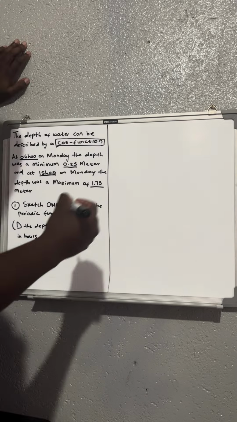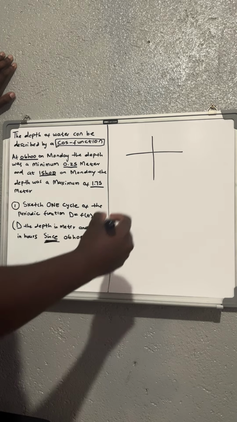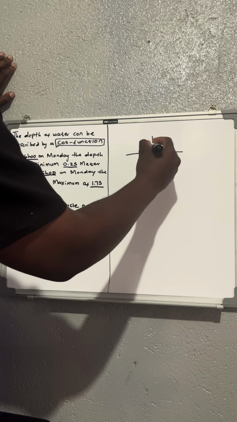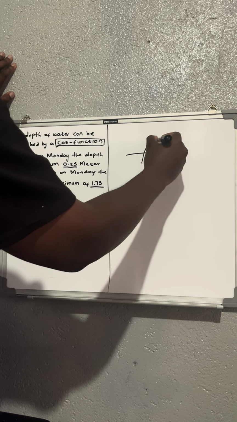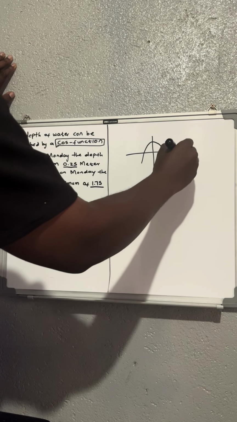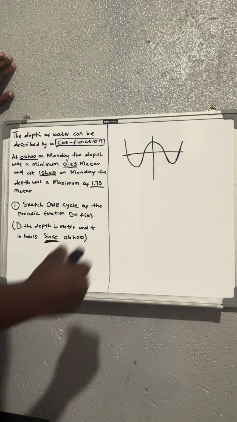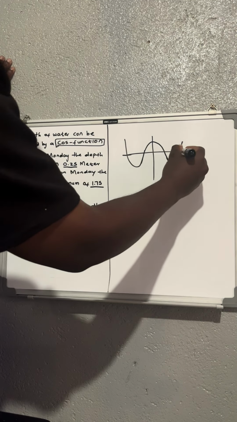A normal cos graph, sorry, let me just get this thing. A normal cos graph is like a W shape. So normally you have something like this, a graph that's like this.